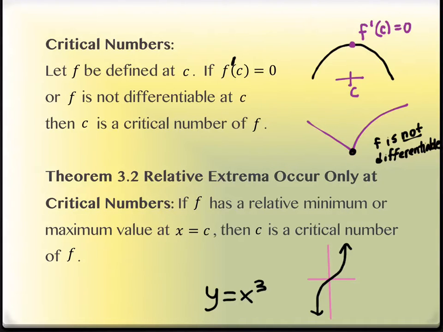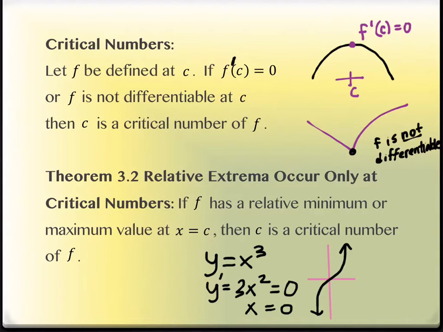But if you find the derivative of y equal x cubed, it's y prime equal 3x squared, right? And where does that equal 0? When x equals 0. So by definition, there is a critical point there. The slope of the tangent line at 0 is in fact 0.